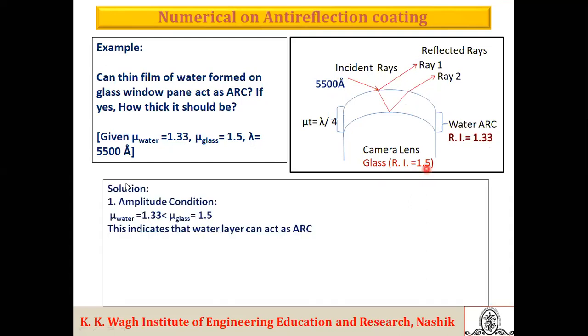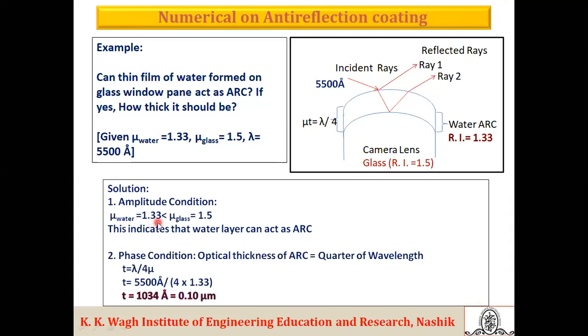Now what do we have to solve? Whether this water will act as an anti-reflection coating. Yes. Why? The amplitude condition, that is the refractive index of water, is less than the refractive index of glass, and hence it works as anti-reflection coating on glass. Now second thing, what is its thickness? A thick layer of water will not survive. Hence, only a thin layer of water will survive as anti-reflection coating.